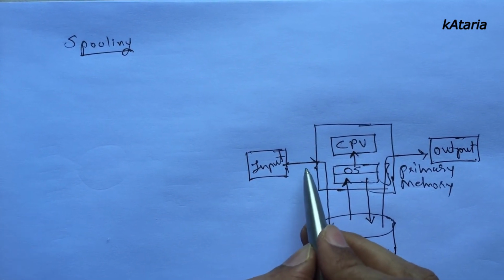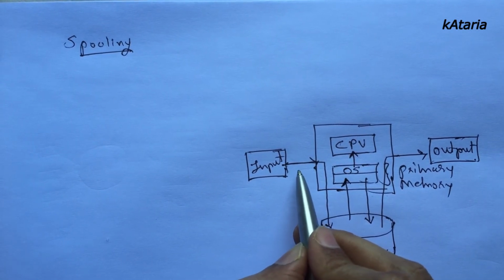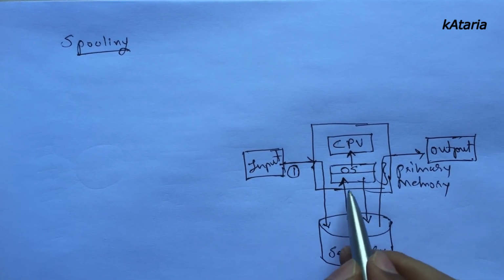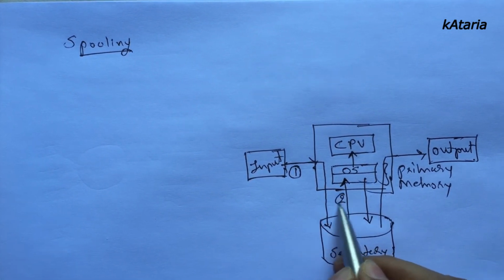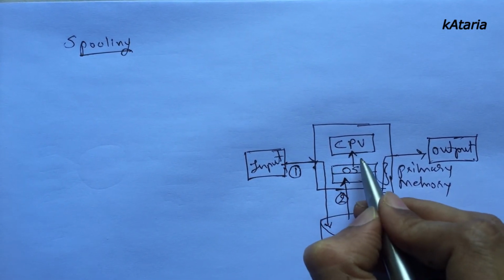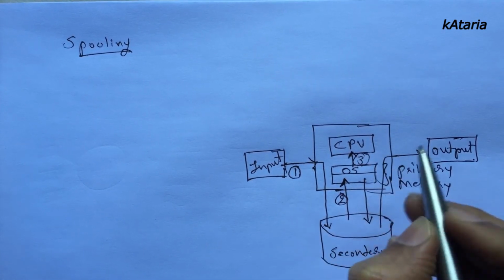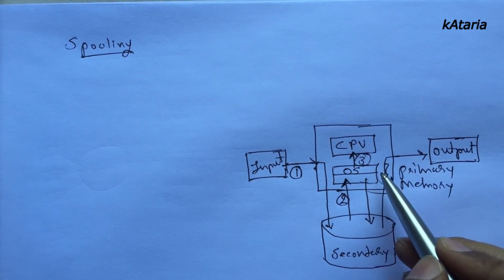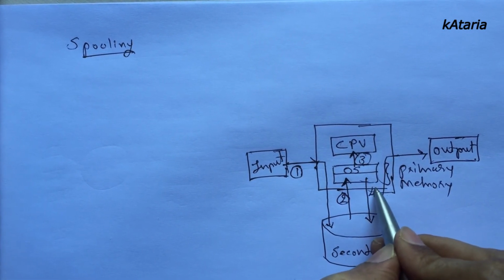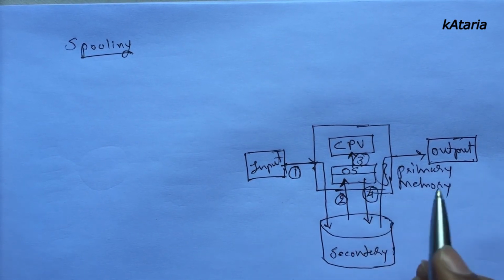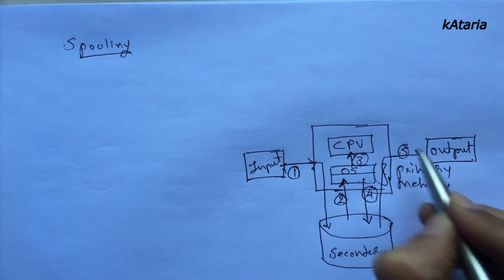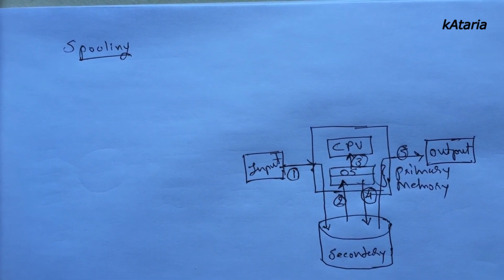So what will be the exact sequence? First input devices will produce input to the secondary memory. That input is produced from secondary memory to primary memory. Then after that, in the primary memory, the process will get the CPU, and whenever the processor's work is over, next primary memory will produce that processed output to the secondary memory and secondary memory will produce output to the user.